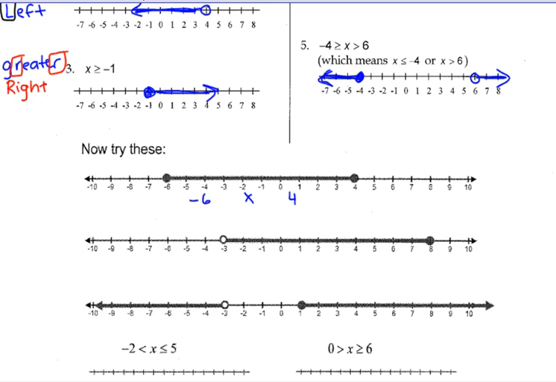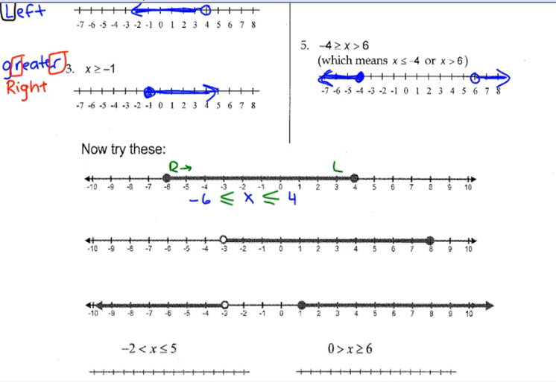For this guy, are we shaded to the left or the right of -6? To the right. So if it's to the right, x is greater than or equal to. Now, the 4 is to the left, and so x is less than or equal to. Can you try these two right here?